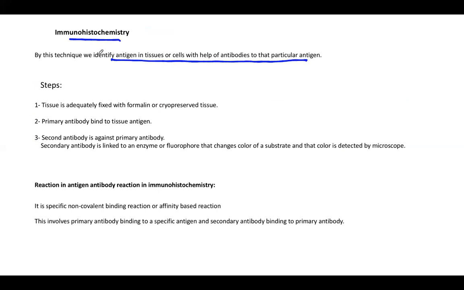So what are the steps? First step is tissue is adequately fixed with formalin or cryopreserved in case of frozen section. We have this tissue and this tissue has cells. Suppose we want to identify this antigen.